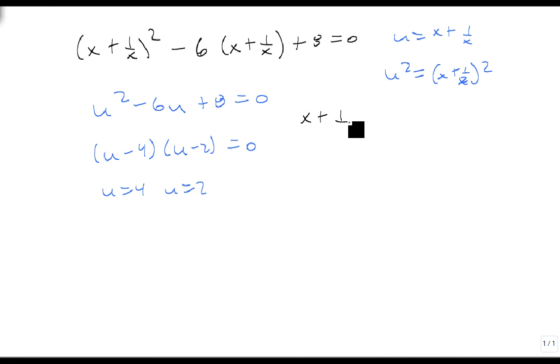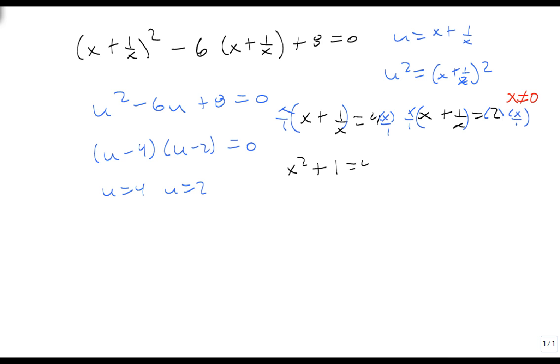So we get x plus 1 over x equals 4, and x plus 1 over x equals 2. Well, in both cases, x cannot equal 0 because that would put a 0 on the bottom. So let's multiply everything by x. And when we do that, that gives us x squared plus 1 equals 4x, and x squared plus 1 equals 2x.